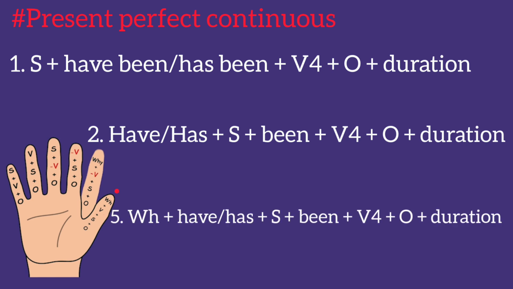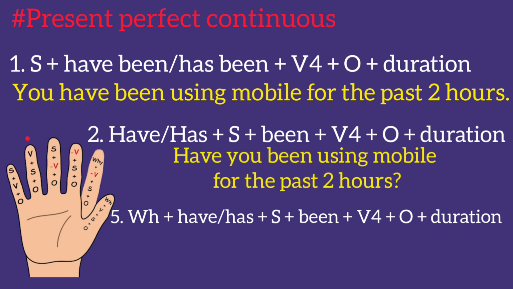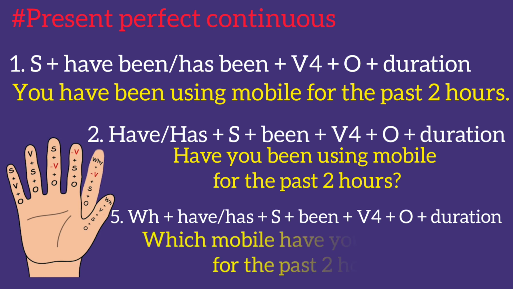WH question plus have or has plus subject plus been plus V4 plus object plus duration. Examples: you have been using mobile for the past 2 hours. Have you been using your mobile for the past 2 hours? Which mobile have you been using for the past 2 hours?